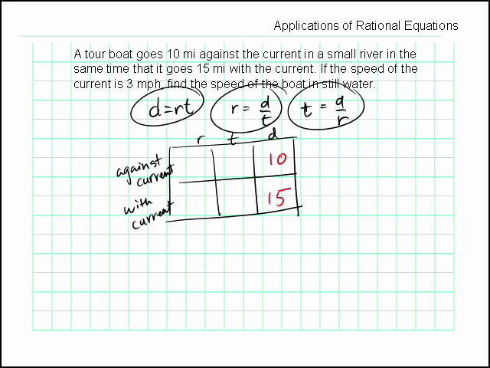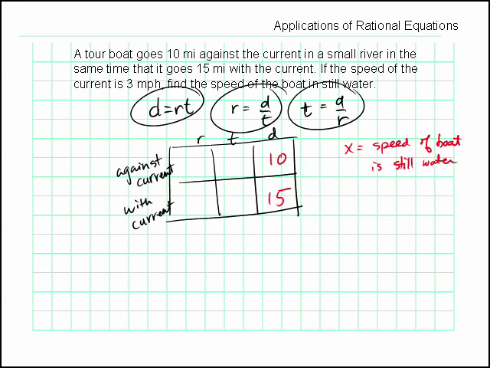The speed of the current is 3 miles per hour. Find the speed of the boat in still water. So we're going to let x equal the speed of our boat in still water. In other words, if there's no current. Now, when you're going with the current, it will push you, and so you're actually going to go faster.